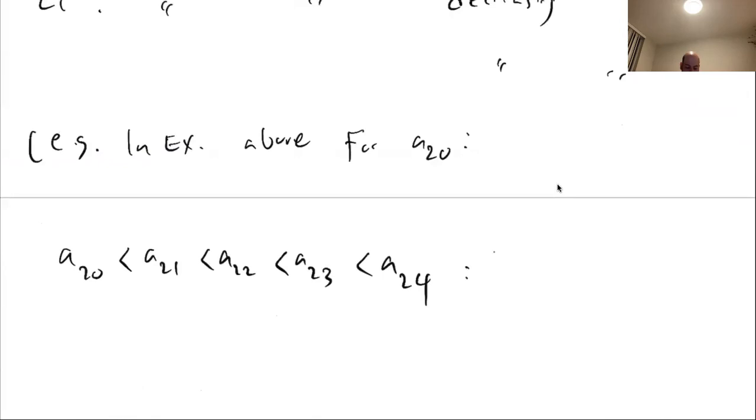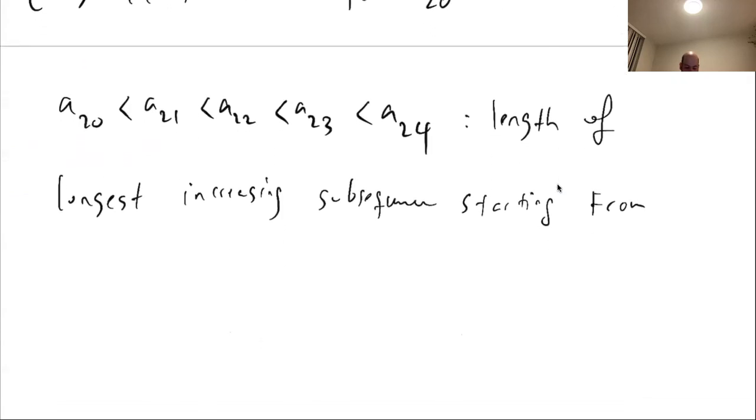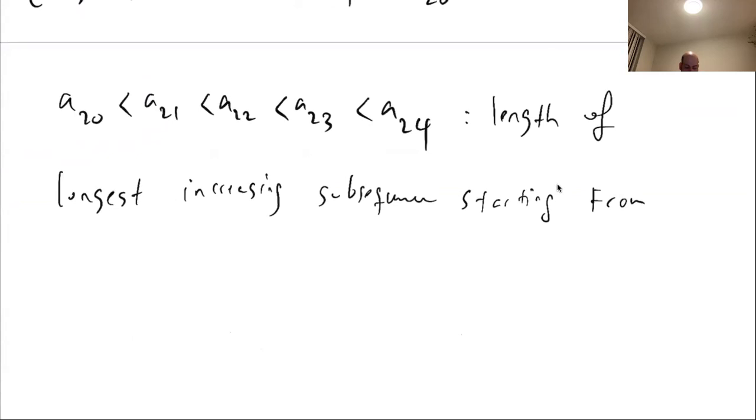So the length of the longest increasing subsequence starting from A20 is how much? So the length is 1, 2, 3, 4, 5.